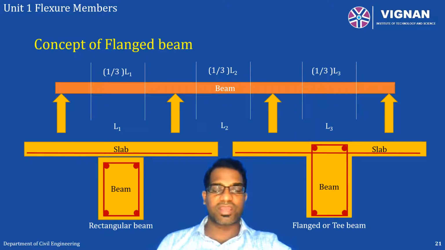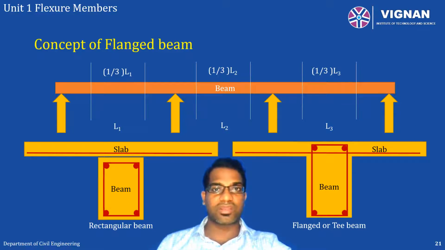When the beam is casted, the middle third portion of the spans will have positive moment, and at the supports we will have negative bending moment. Positive bending moment means the compression will be at the top side, tension will be at the bottom side.